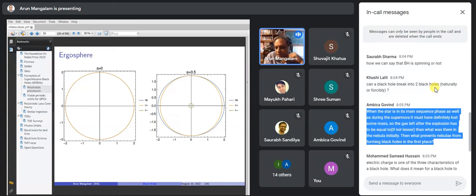Okay, so you're confusing several concepts here. In fact, you've got the entire stellar evolution written in one paragraph. Once the star is in the main sequence, nothing happens to it; it's just burning hydrogen. But once the hydrogen is exhausted, it goes off the main sequence. It's burning helium, then it burns higher atomic number elements.